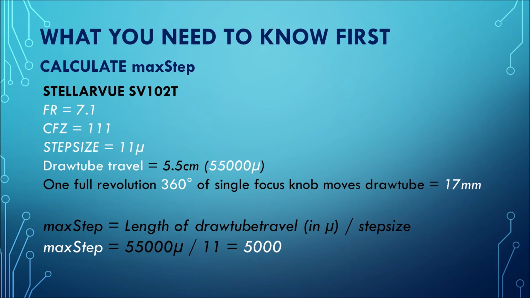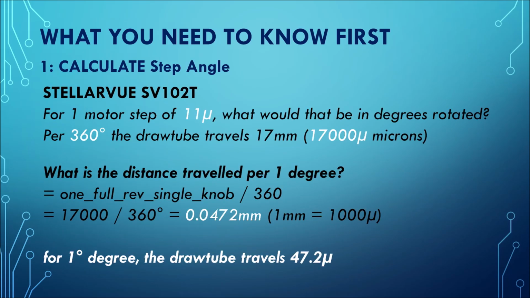So if we divide 55,000 microns by the step size, which is 11, we end up with a max step of 5,000. Right, so it comes to step angle, and this is something that I've been doing for some time but haven't documented. What we want to know is for a single step of the motor, what is that in terms of degrees?